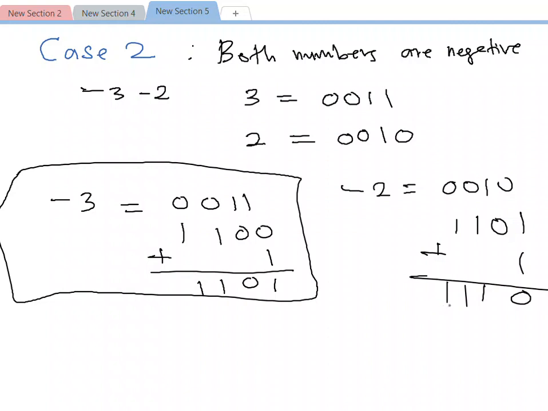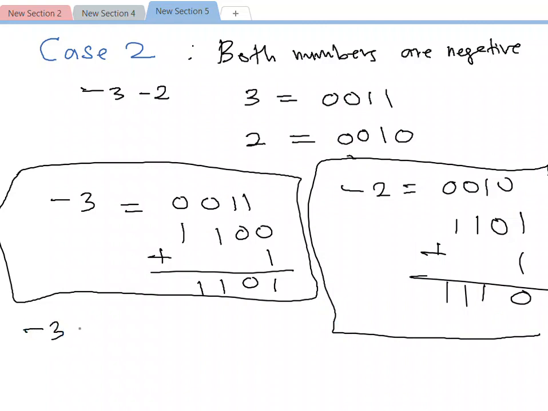Negative 3 minus 2 can also be rewritten as negative 3 plus negative 2. So that's how we can perform it. Just take the value, negative 3 is 1101, and also negative 2.